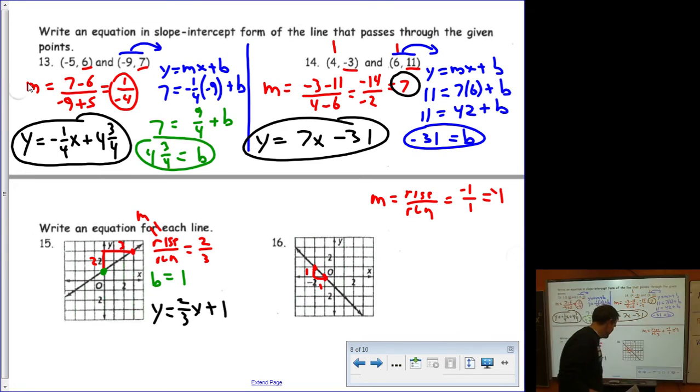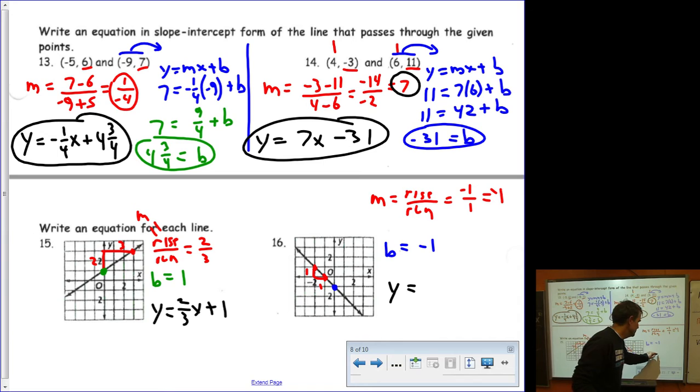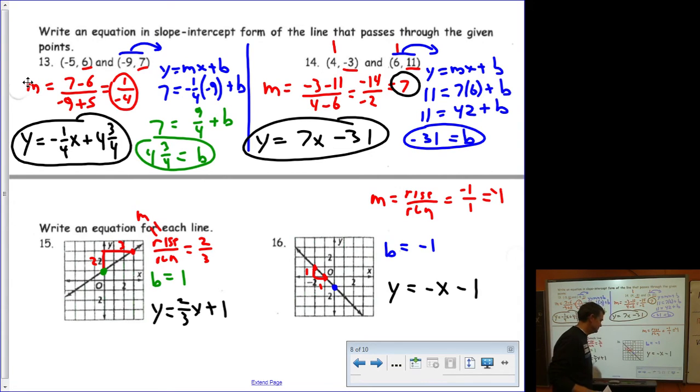The y-intercept, I can just look at the line and see where it crosses the y-axis. That'd be right here at -1. So my slope is -1 and my y-intercept is -1. The equation would be y equals -x minus 1.